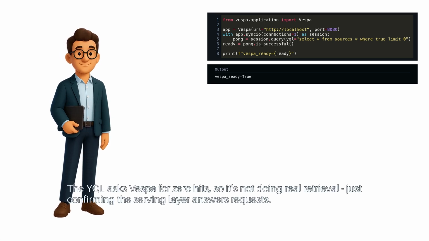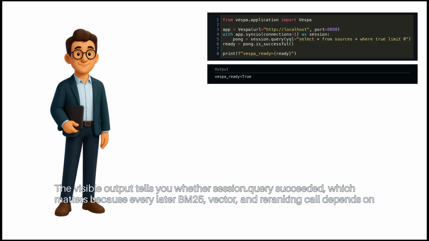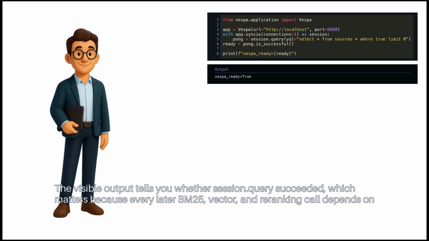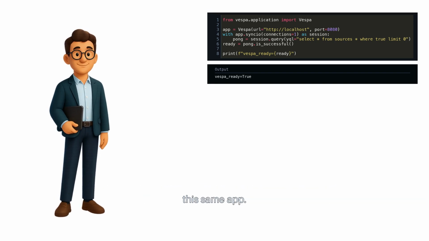The YQL asks Vespa for 0 hits, so it's not doing real retrieval, just confirming the serving layer answers requests. The visible output tells you whether session.query succeeded, which matters because every later BM25, vector, and reranking call depends on this same app.